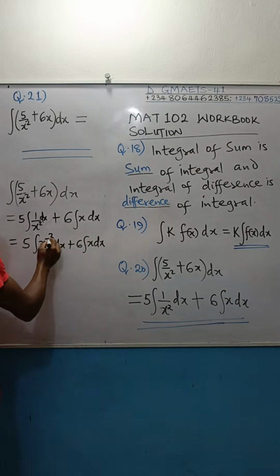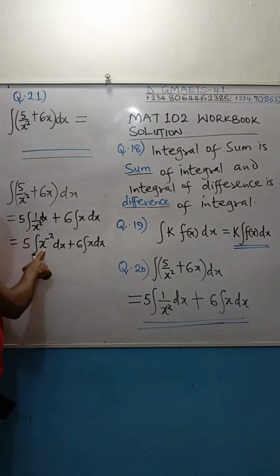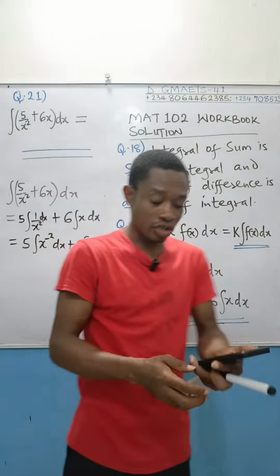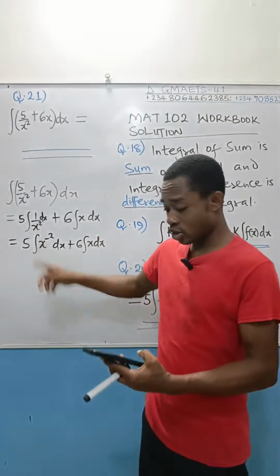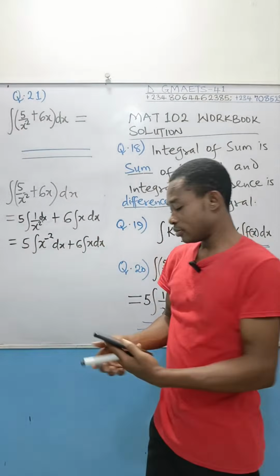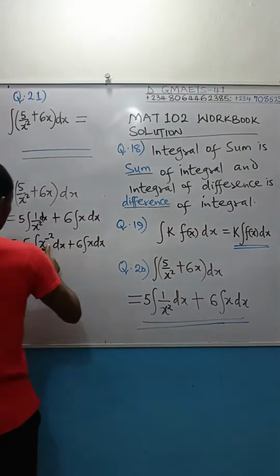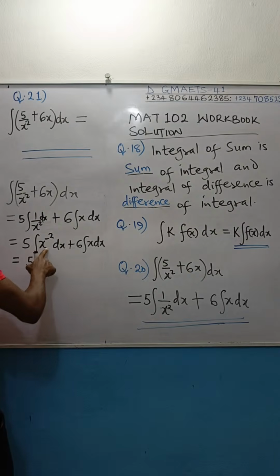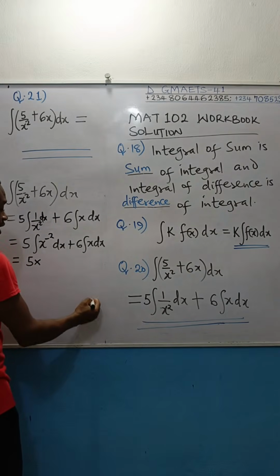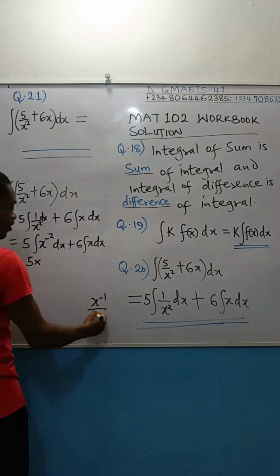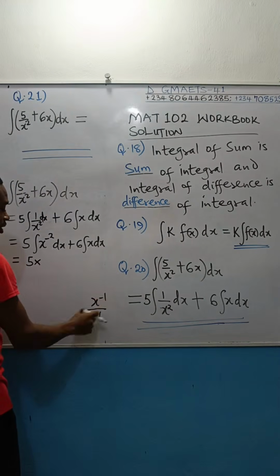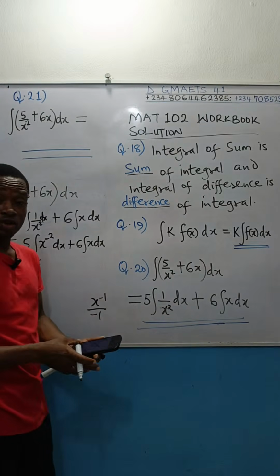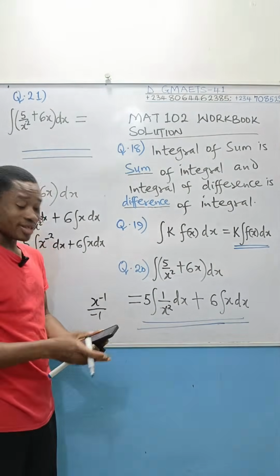And so if you do this integral, all you have to do is add 1 to the power and divide by the new power, because you use the power rule of integration for this particular term. If you add 1 to this power, you divide by the new power. This is going to give you 5 times x raised to the power minus 1, divided by minus 1. Mathematically, applying the indices rule, x raised to the power minus 1 will give you 1 over what? x.